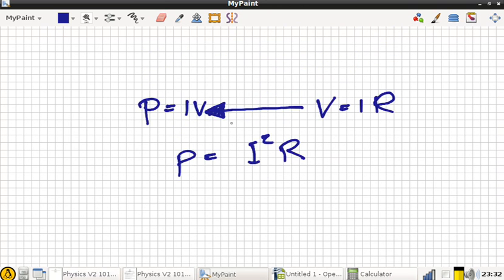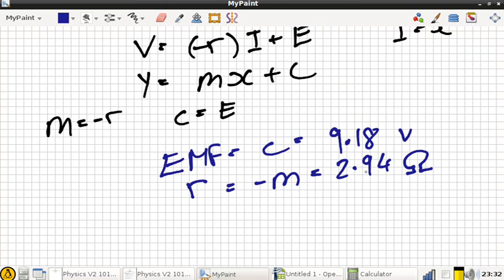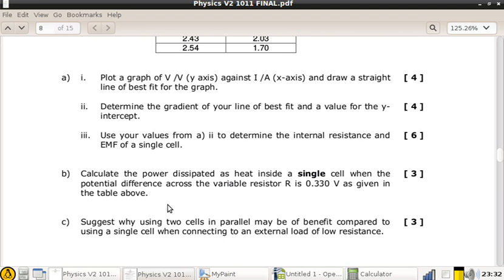So if I go back a moment, this R here is the total resistance for the two internal resistors. And the question, which I haven't completed yet for my 14 marks, is calculate the internal resistance of a single cell. So I haven't done that yet.